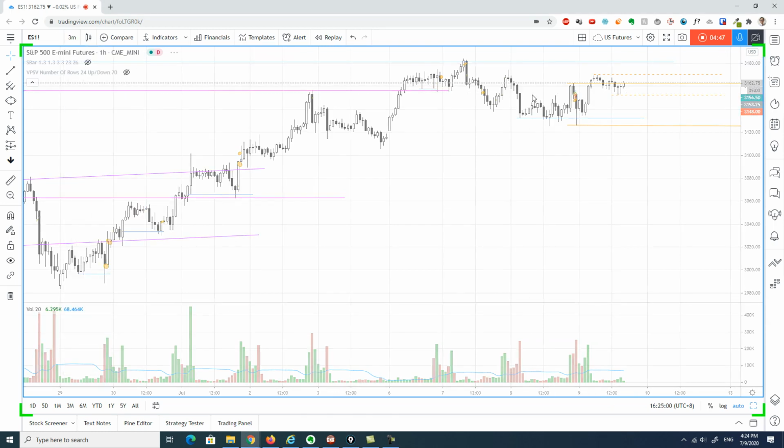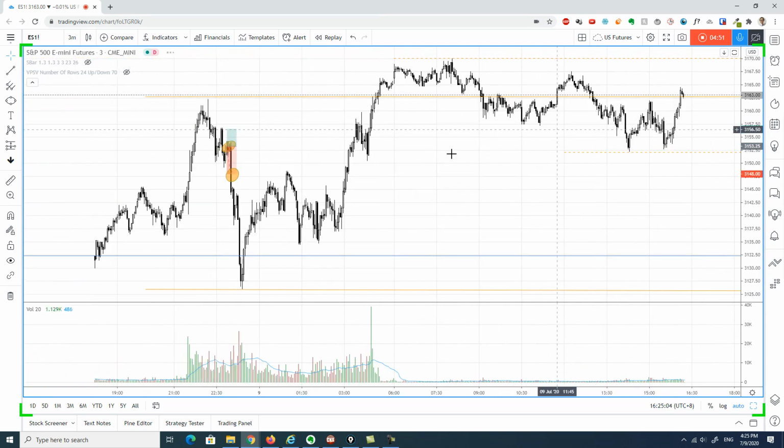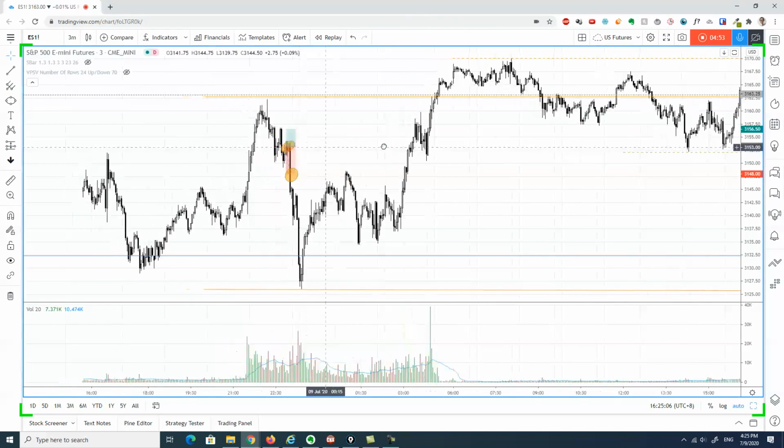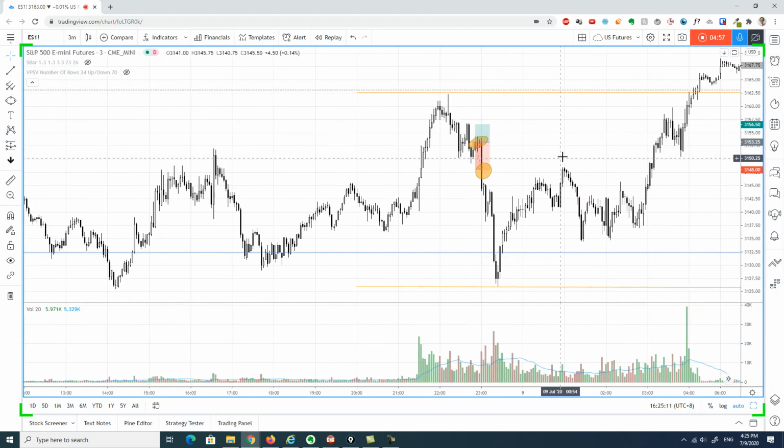Let me get to the M3 time frame and zoom out a little bit here. Yep, that's the trade here. You can see that 3153 is the level where I would like to see commitment, a test, and some kind of interaction with the level. So this is 3153 here.